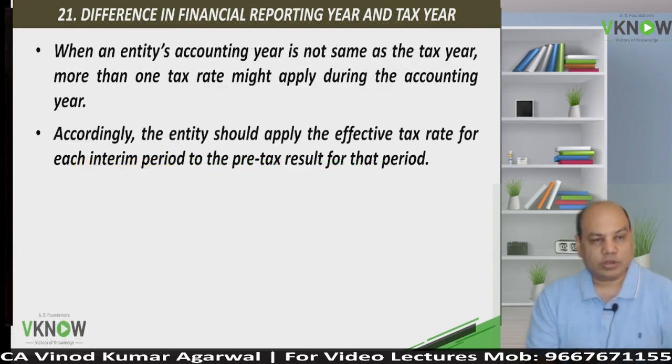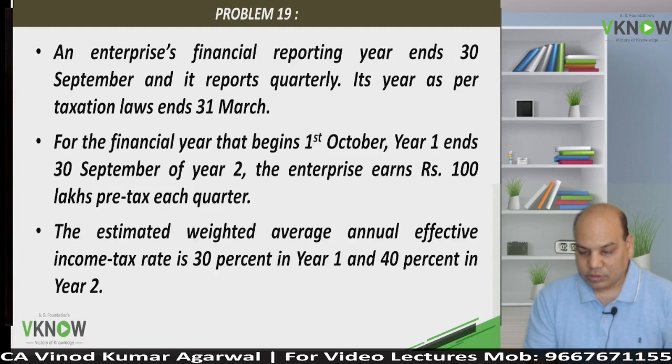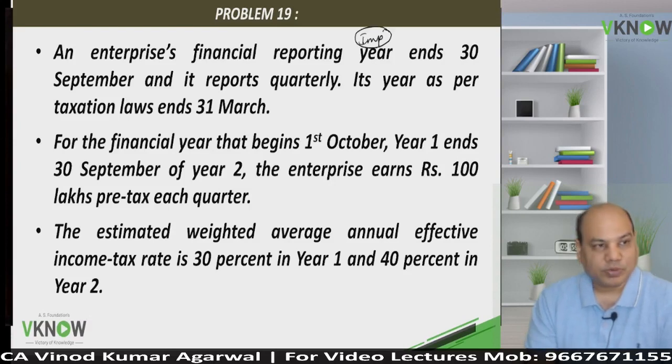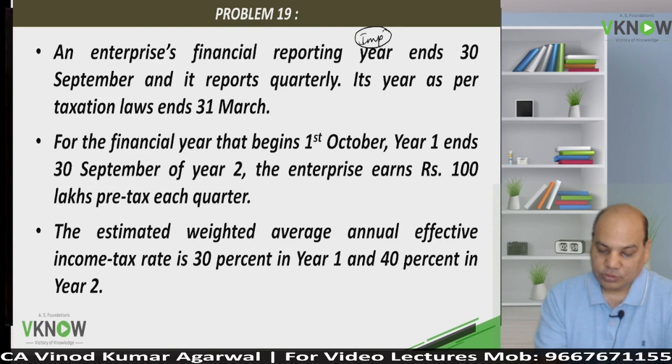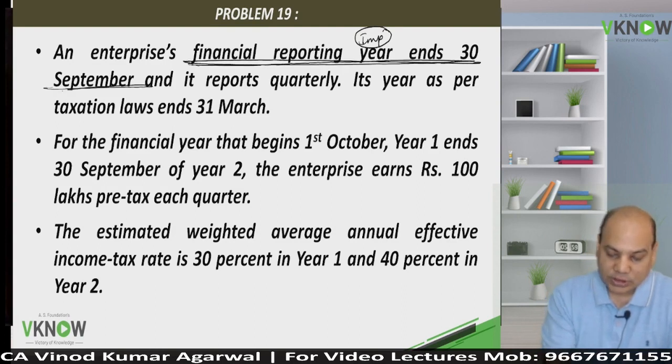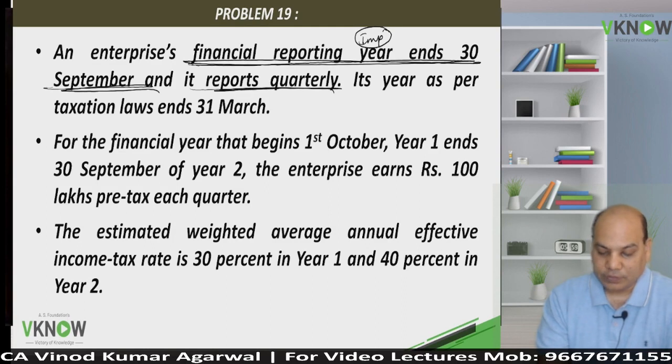So this is the note in the book. You can read the note, and now we'll take question number 19. Very easy question, important for exam purpose. I hope you have marked it important. An enterprise's financial year ends on 30th September, and it reports quarterly.